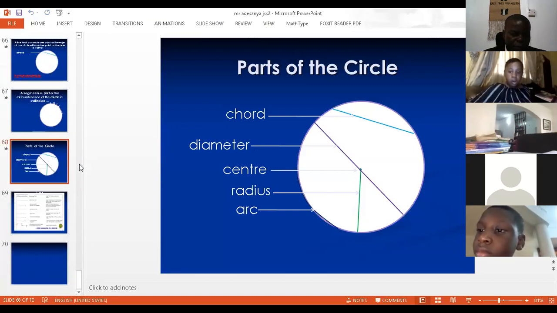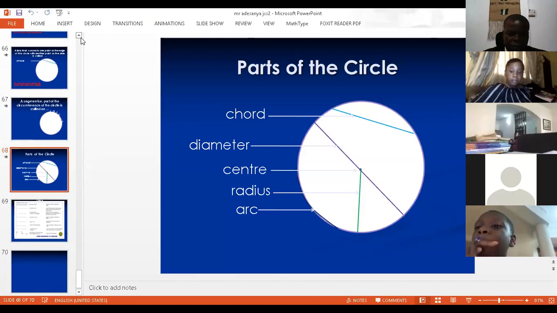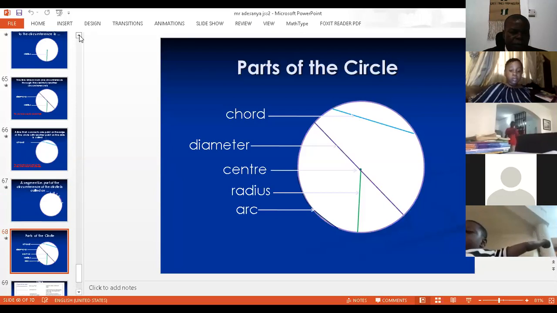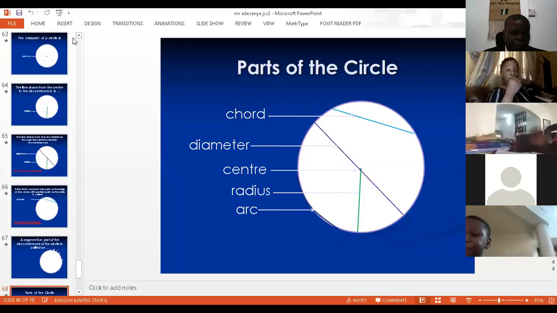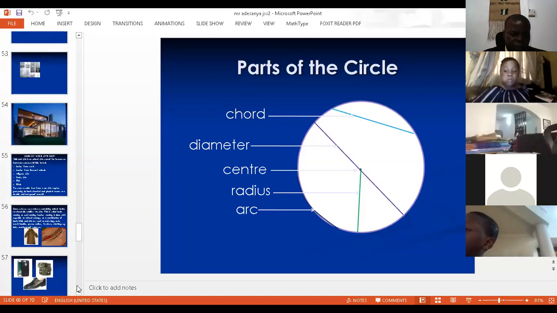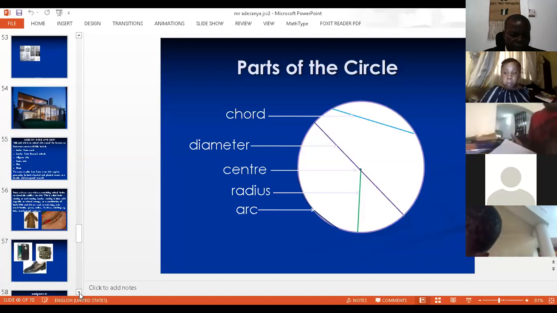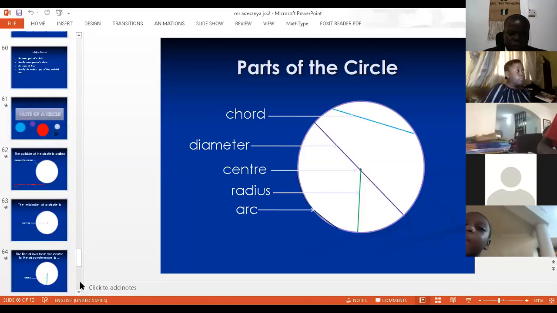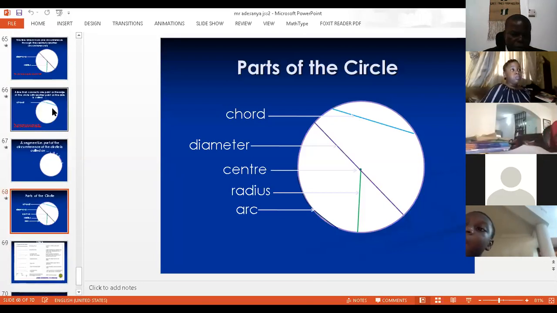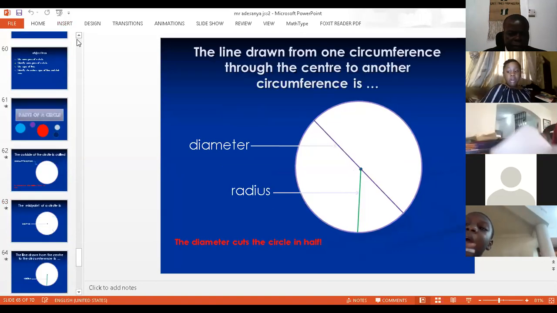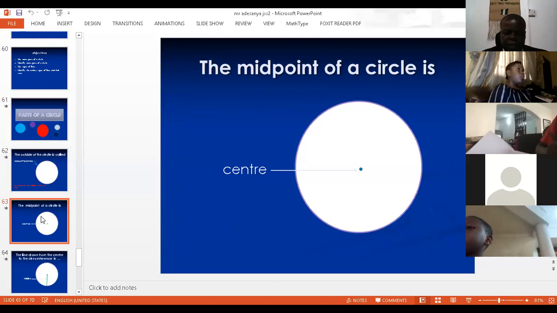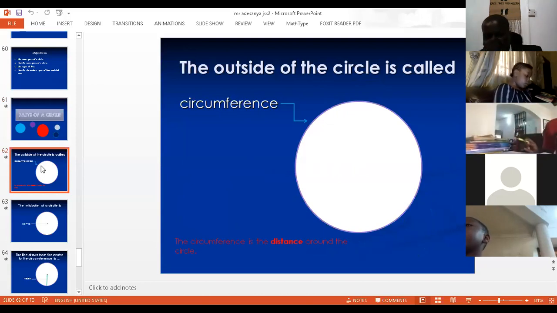This is a picture of a circle. These are different pictures of circles and parts of a circle. So your assignment, you are going to draw, of course. This is parts of a circle. This is circumference. This is center. This is circumference. Yes, then now you are going to draw.